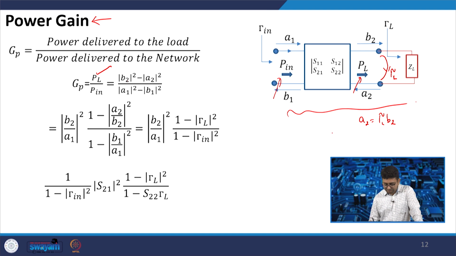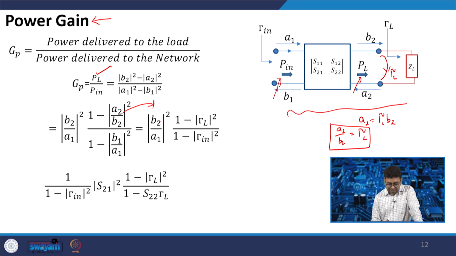That is why A2 by B2 is equal to gamma L. So, you replace that here, and at the input side your input reflection coefficient is given by B1 by A1, that is gamma in square.